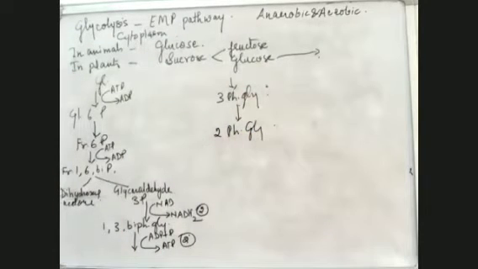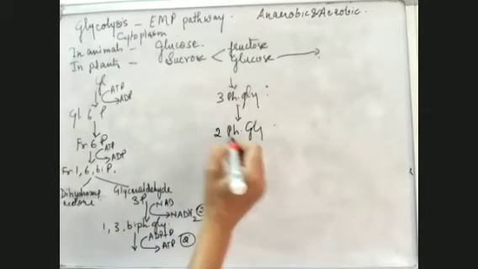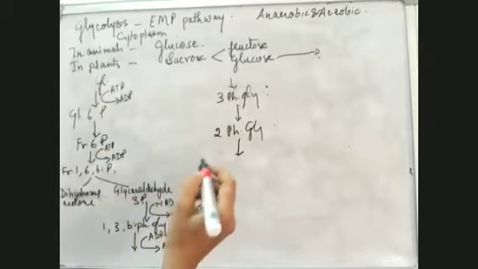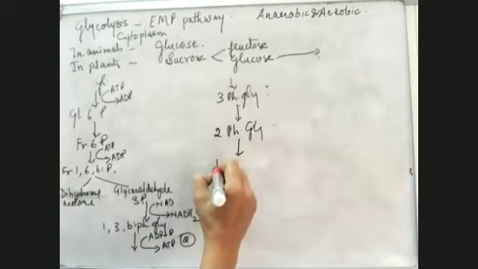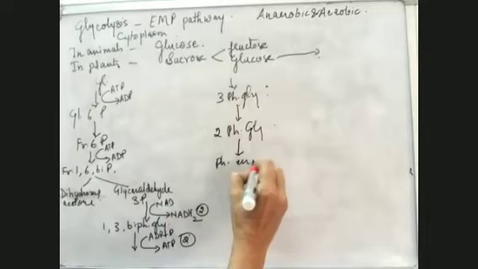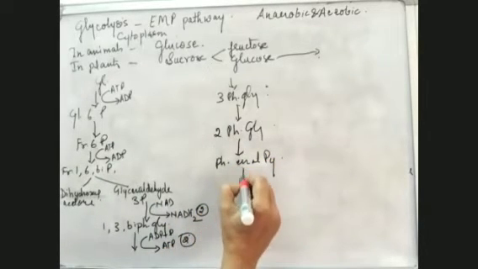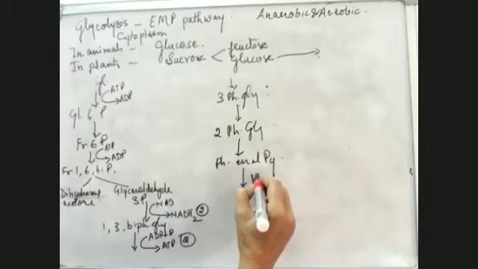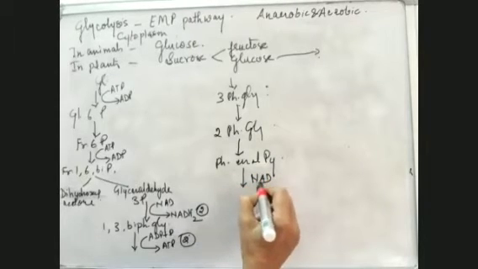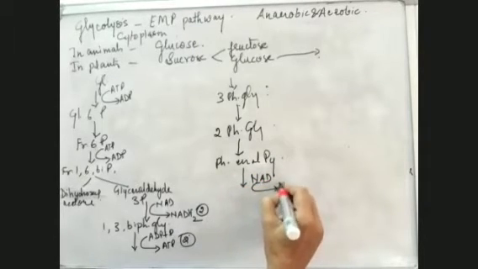This 2 phosphoglyceric acid, under the action of enolase, gets converted into phosphoenol pyruvate. And here what happens? Again, one NAD gets converted into NADH2.